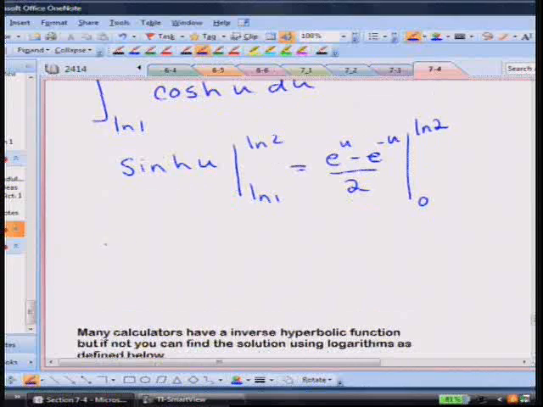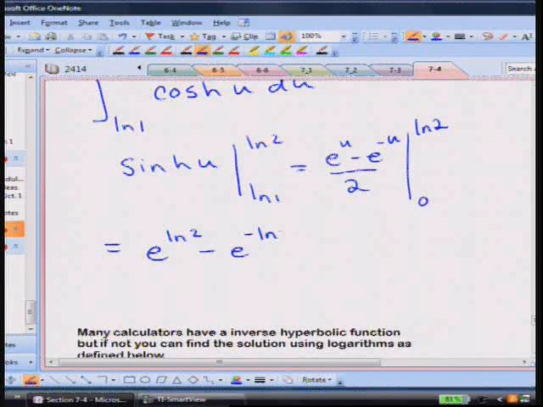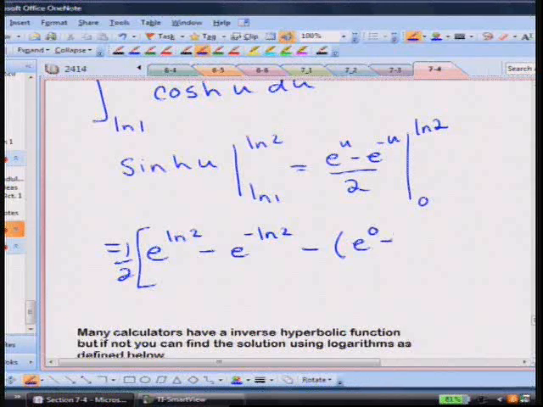All right, and so this is going to be e to the ln 2 minus e to the negative ln 2. I'm going to put this 1/2 in the very front. That's my f of b, minus f of a, which is going to be e to the 0 minus e to the negative 0, which is just going to be 0.